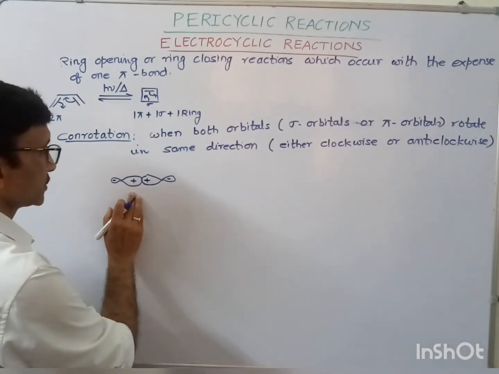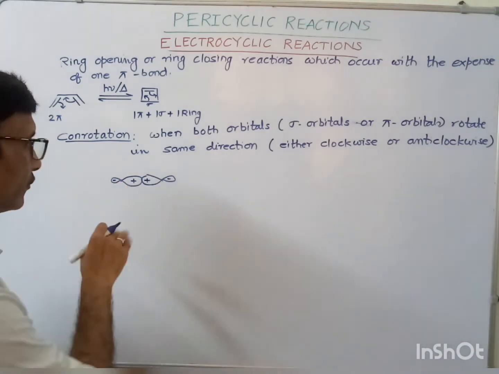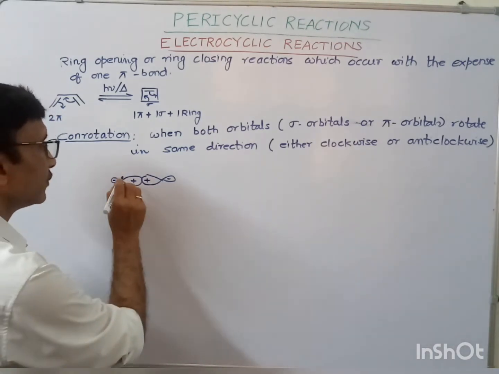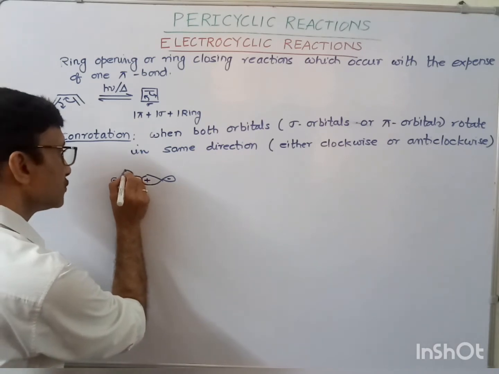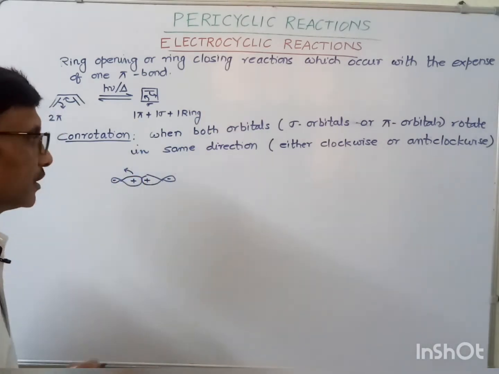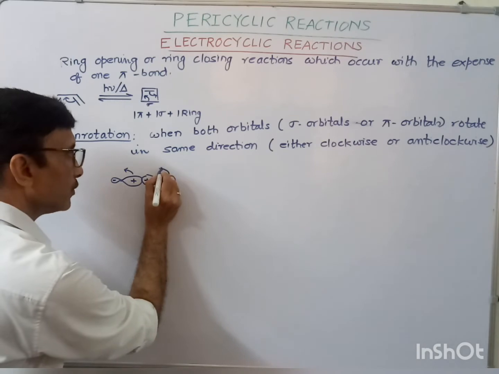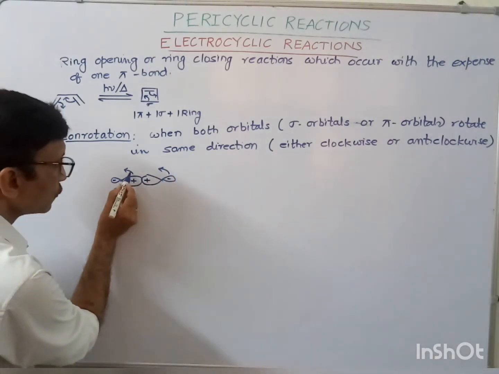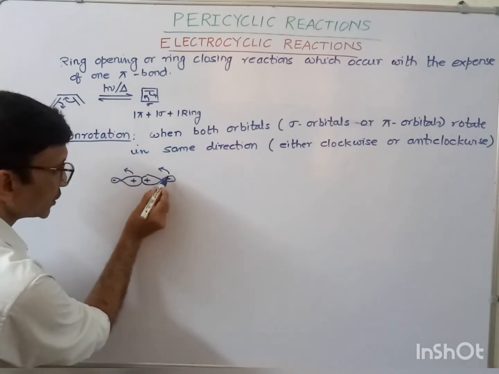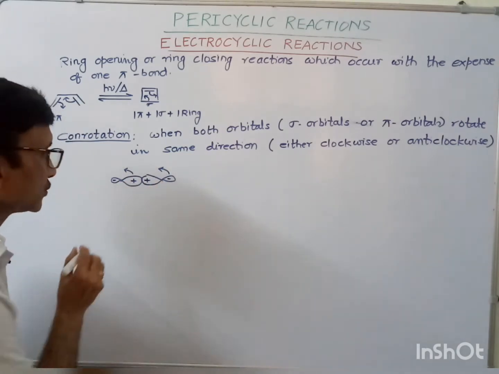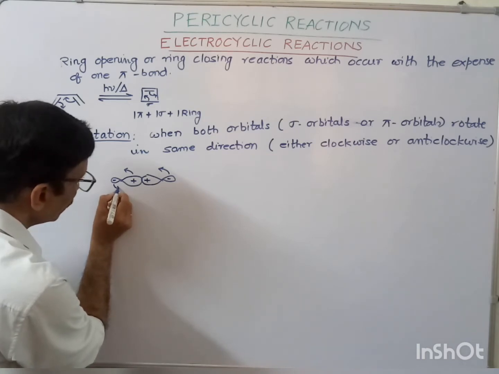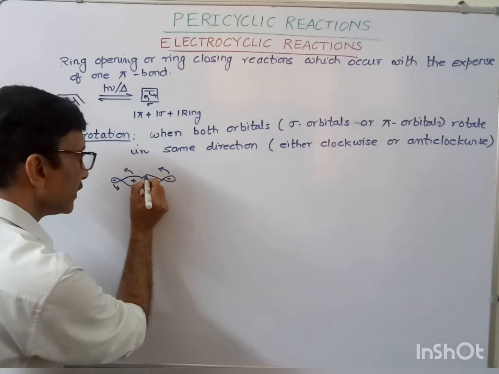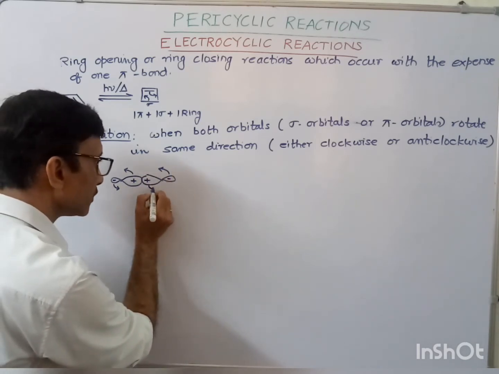During conrotation, these two orbitals will move in the same direction. If this lobe moves in an anti-clockwise direction, this one is also moving in an anti-clockwise direction.